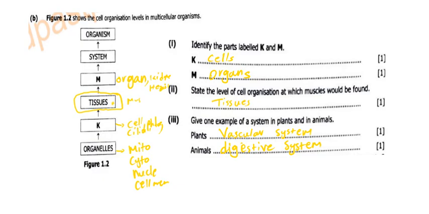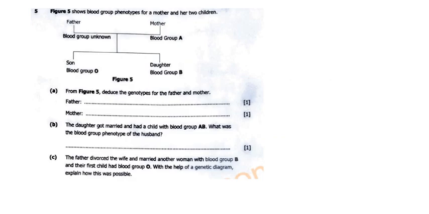Systems, digestive system, the vascular system, or we can say the circulatory system. All those are examples of what? Of systems. And of course, organisms, you have what? Animals, plants are examples of what? Organisms that we have.